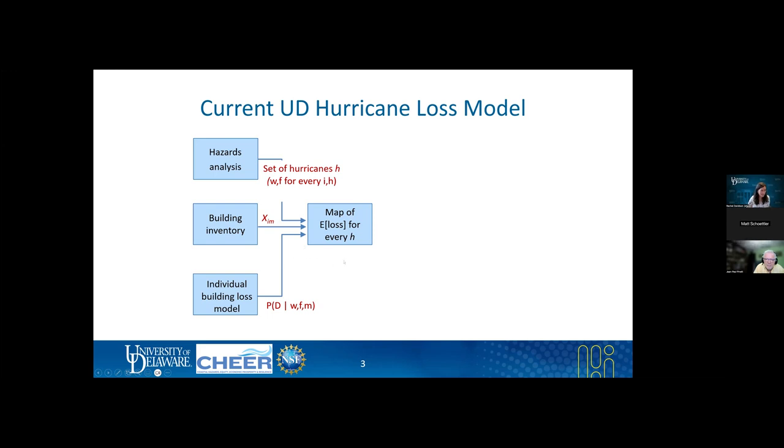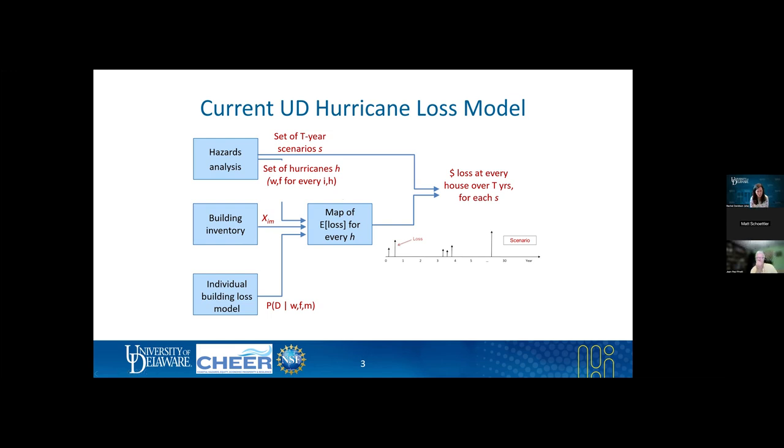I should say we're focusing on housing, or the residential sector. We also, I'll add, that hasn't been mentioned before, is that especially when we're thinking about insurers and communities, we want to start thinking about scenarios in terms of a timeline of hurricanes, because when they occur in rapid succession, you get very different outcomes than when they're spread out over time.